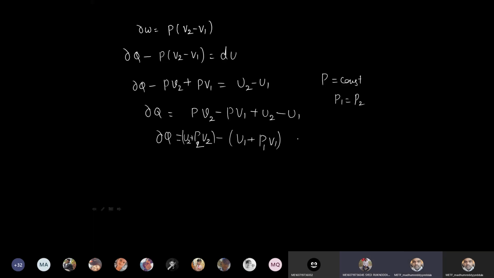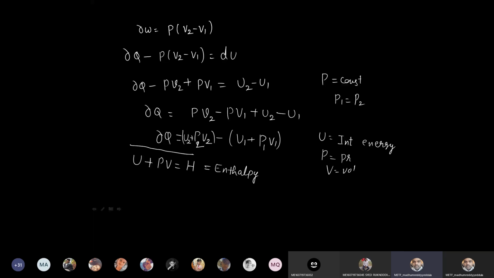U is internal energy, P is pressure, V is volume. The sum of internal energy and the product of pressure and volume is called enthalpy, a new term.